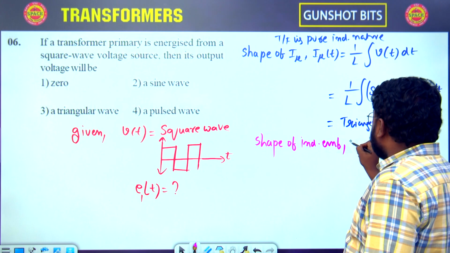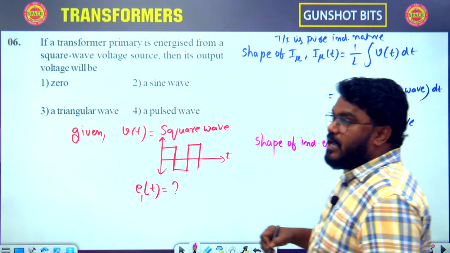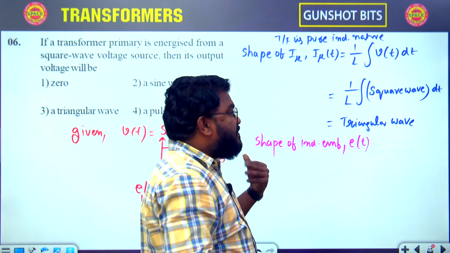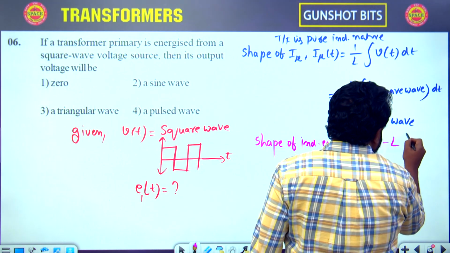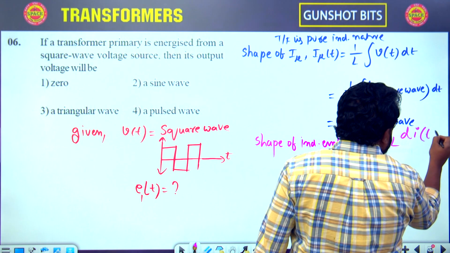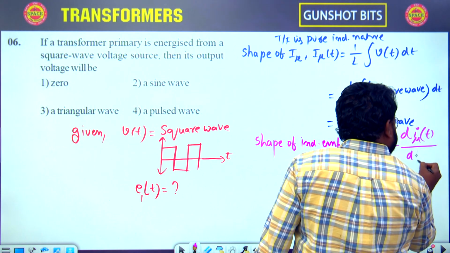This induced EMF is denoted by V of t. Induced EMF in terms of the self inductance is minus L times the differentiation of the magnetizing current with respect to time.